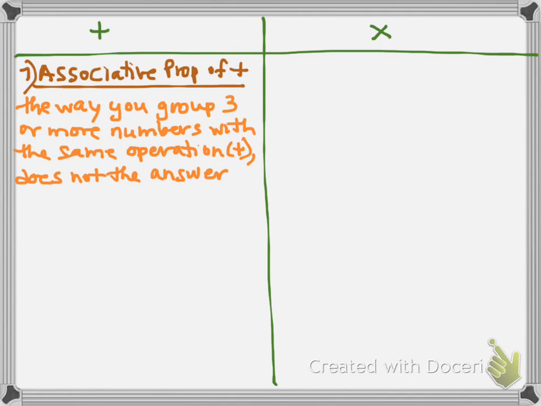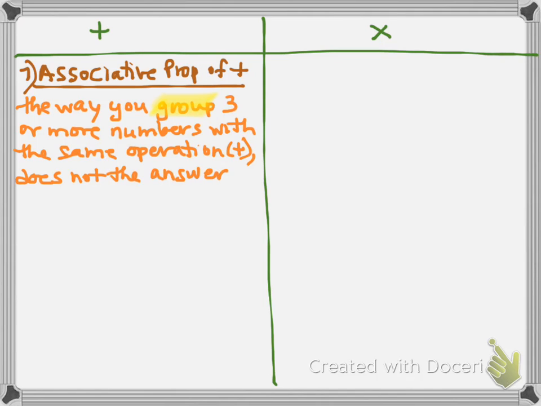So the way you group 3 or more numbers with the same operation, so on this left side it would be addition, does not change the answer. So what do you think is going to be the word I should highlight that's going to best represent the associative property? Group, exactly.